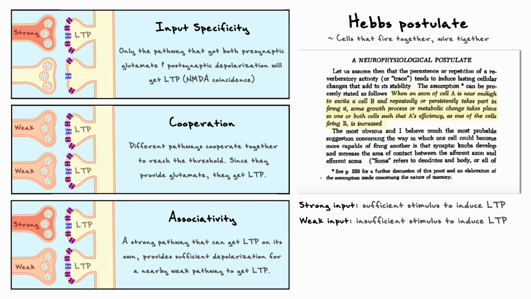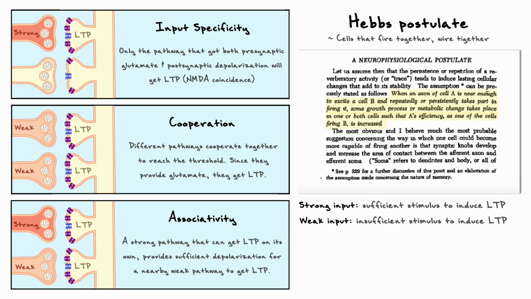When it comes to associativity, if you're familiar with Pavlovian conditioning, you will recognize that the two concepts are similar to one another. A strong unconditioned stimulus, which is the strong pathway, will be associated with the conditioned stimulus or weak pathway to enhance the connection between the two. Lastly, input specificity ensures that only specific memories are encoded and retrieved.